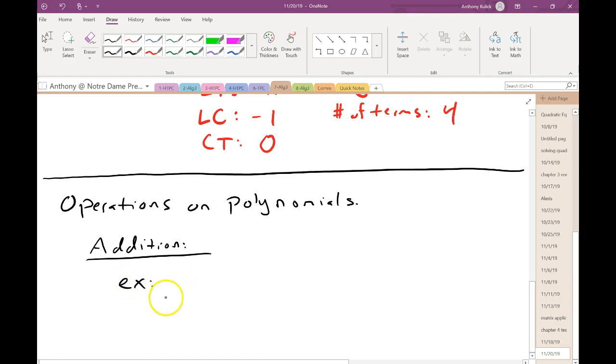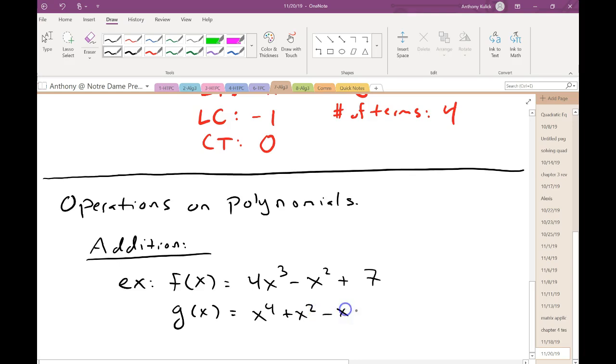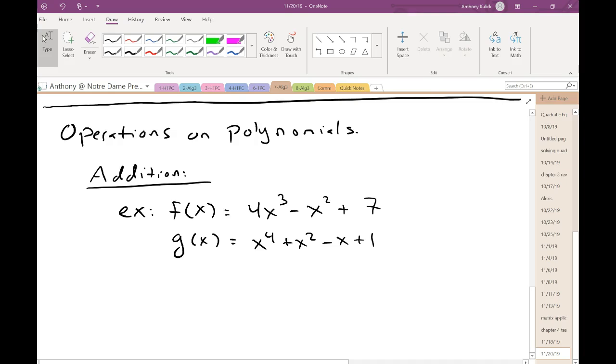So suppose I have a polynomial f of x that's equal to this, and another polynomial g of x that's equal to that.